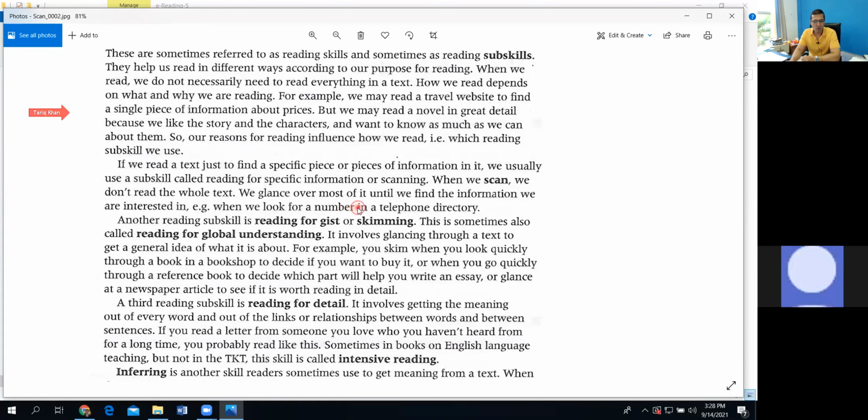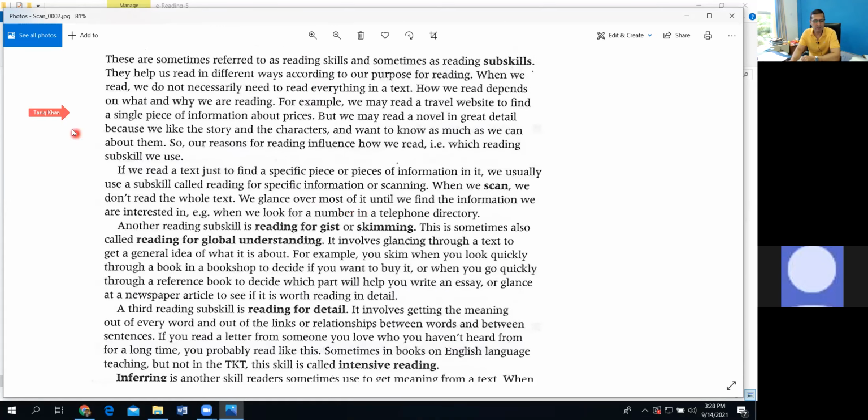So why do we need these skills? Because we do not read all things in the same way. We read different things in different ways. Different way means how much we focus on it. Do we have to focus on the whole or certain things?